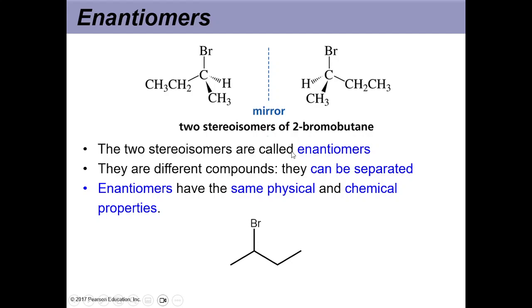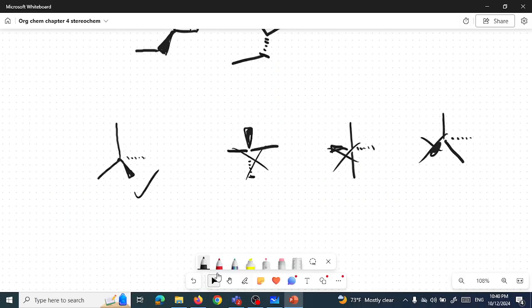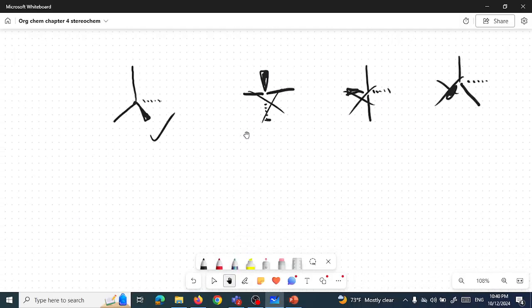The other way of drawing a mirror image, if you can't see this kind of symmetry, is to use the example shown here.